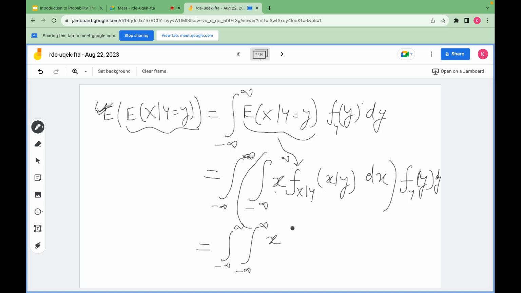This conditional is the joint distribution of X and Y divided by the distribution of Y, and there is also f_Y; this cancels out.